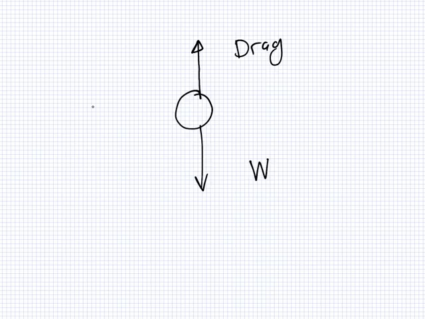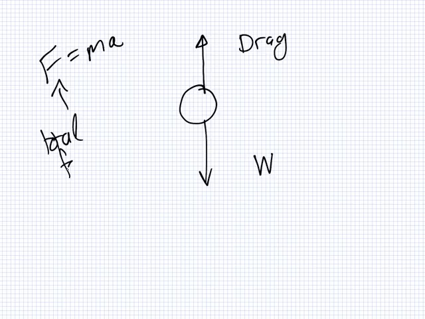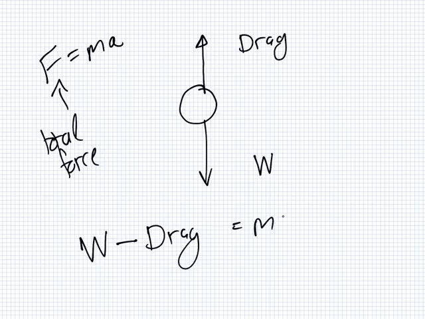Just to be super clear, F equals ma. That F is the total force. So in this picture, it would be W minus drag equals ma. When it reaches the terminal velocity, these two are equal, so this should equal 0, which means the A is 0.